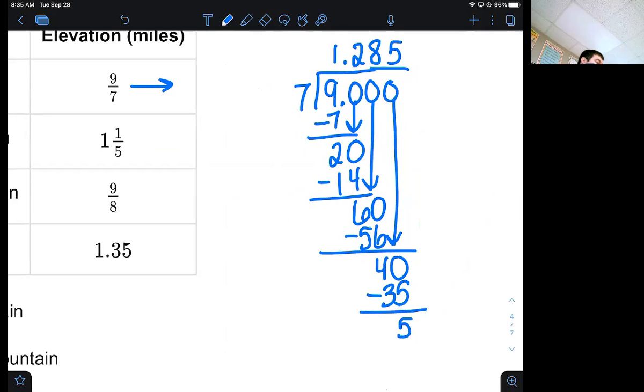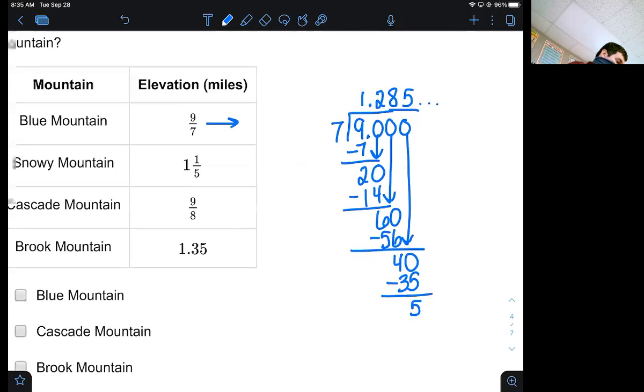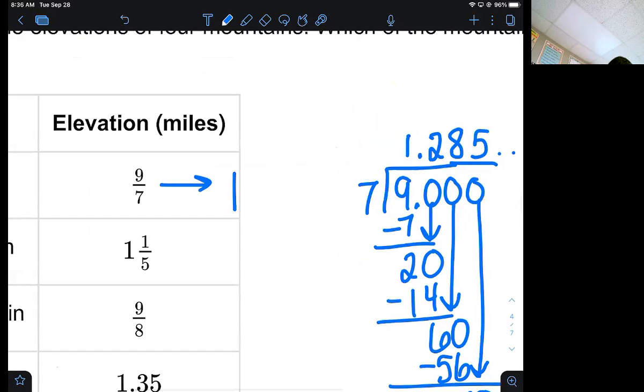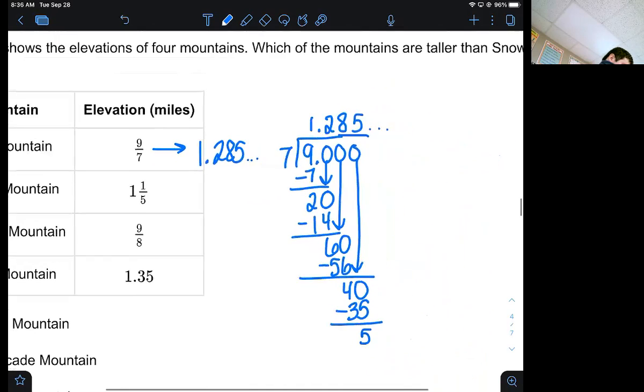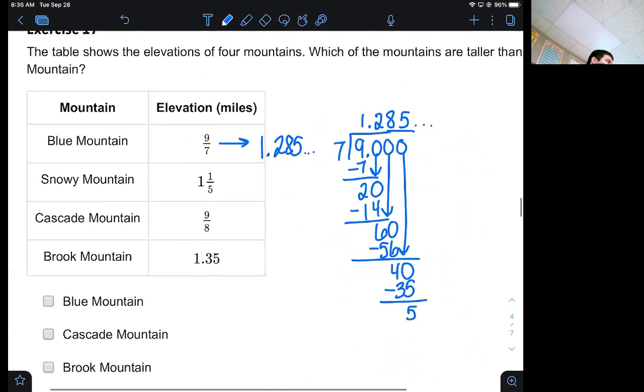I haven't dropped down another 0 yet. I'm going to put a dot, and a dot just to show that this would keep going. But I don't think we're going to need it to keep going. In order to figure out which one's bigger, I've got 3 digits already after the decimal point. That's probably enough. Let's move on. So we're going to call it 1.285. And we'll move on to the next one, which is Snowy Mountain.